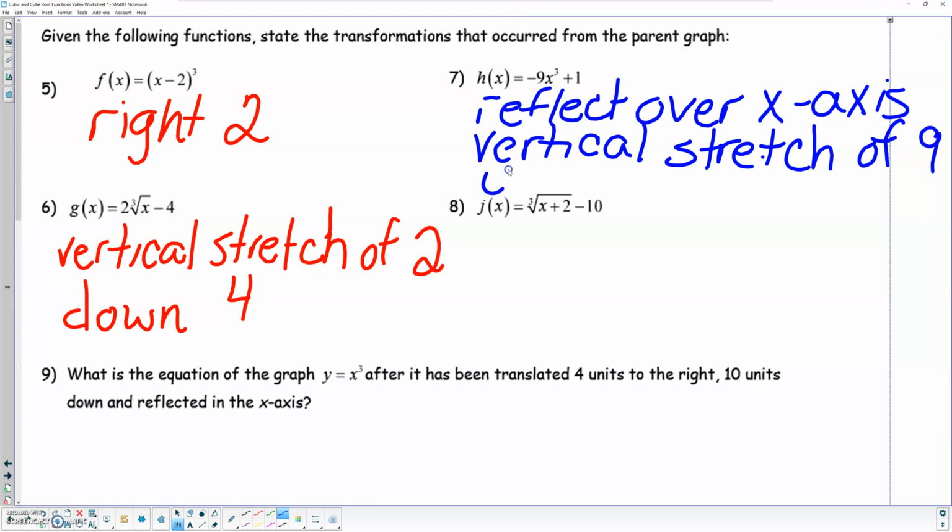And then the plus 1 means we're shifting up 1. Okay? Number 8, there are 2 transformations occurring. The plus 2 underneath the radical or inside the function's argument means we're moving left 2. And the minus 10 at the end of the equation means we're moving down 10.